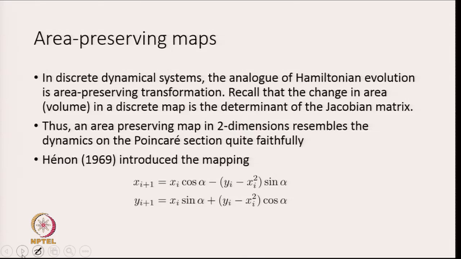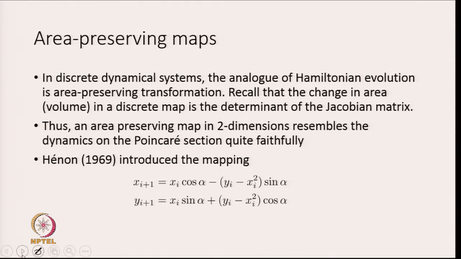Recall that in 2 dimensions, early in one of the lectures of this course, I had shown and discussed that the change in area in a discrete map is essentially the determinant of the Jacobian matrix. So, area preserving maps in 2 dimensions resemble the dynamics on the Poincaré sections of this 2-freedom system quite faithfully.